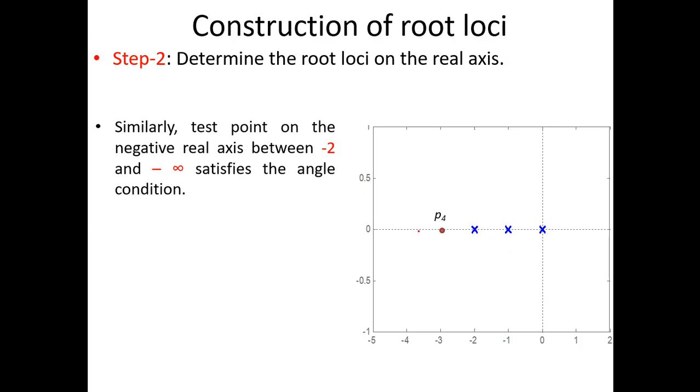Let's take point 4. Point 4 has no pole on this side and 3 poles on this side. So 180 plus 180 plus 180, it means 3 times 180. So this line will be on the root locus because the angle criteria is satisfied: it should be an odd multiple of 180 degrees.